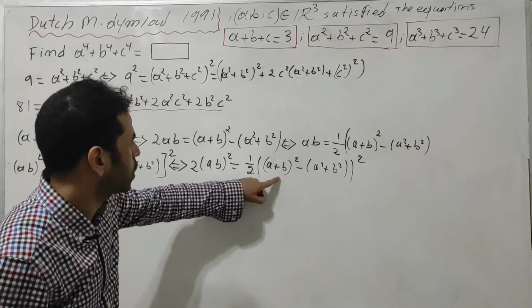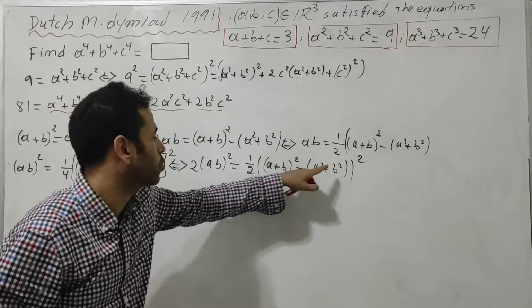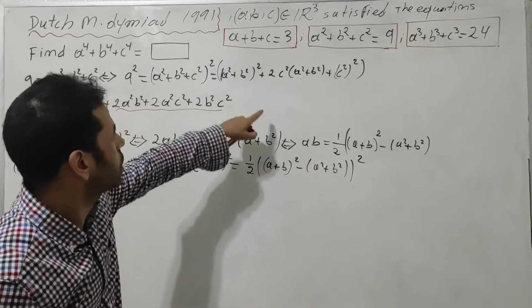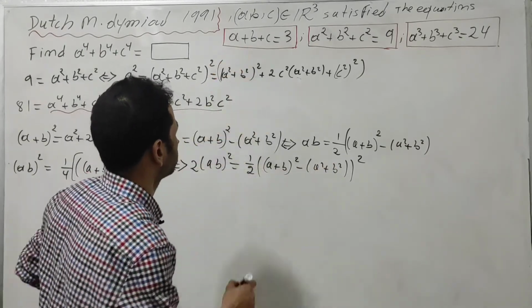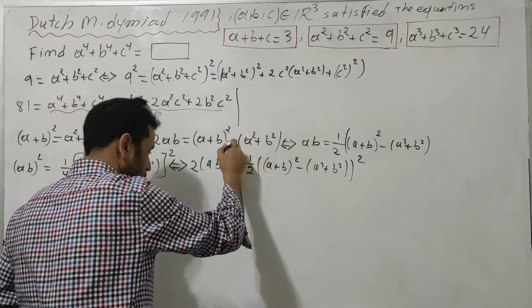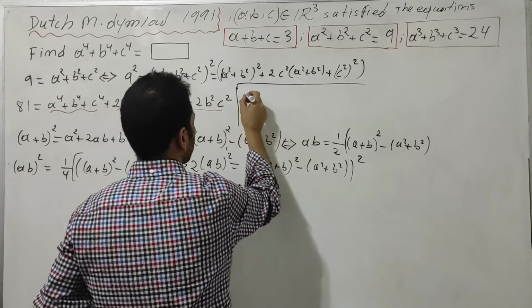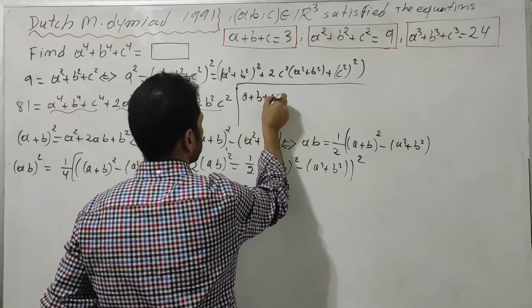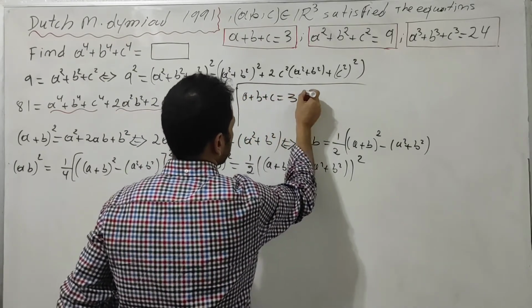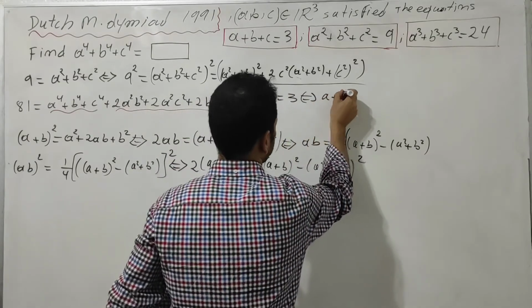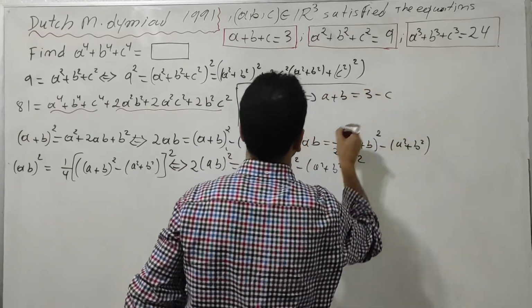So I'm going to calculate a plus b and a squared plus b squared. a plus b is coming from the first equation. The first equation, I have a plus b plus c equal to 3, equivalent to a plus b equal to 3 minus c.